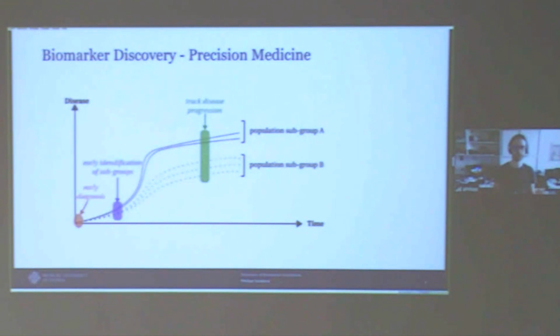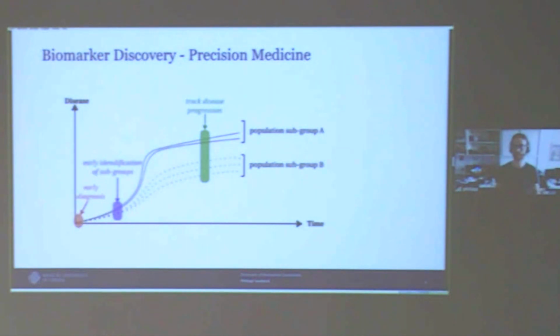Then the early identification of subgroups is sometimes also very important, because if we treat patients with a non-optimized therapy over a longer period, then function may be already lost. And then when we switch to the optimal therapy at a later time point, we have already lost some function or some health of the patient, so to say.